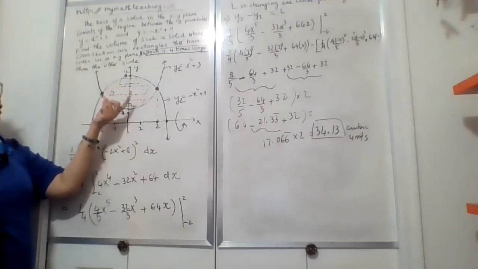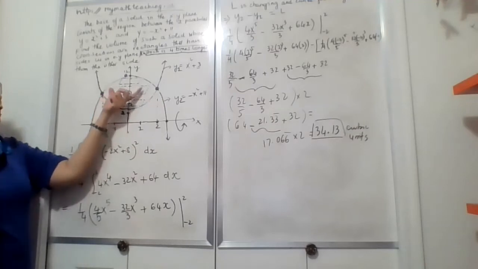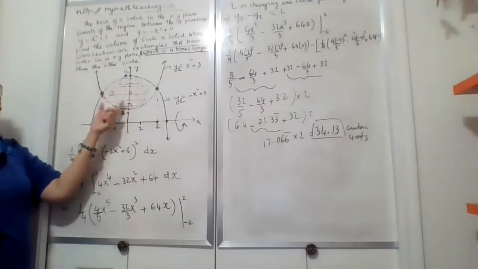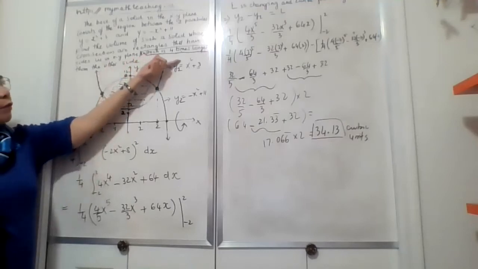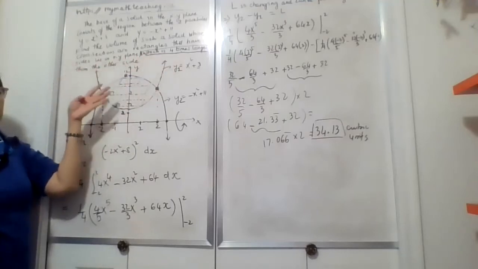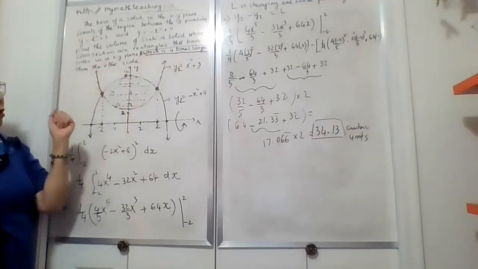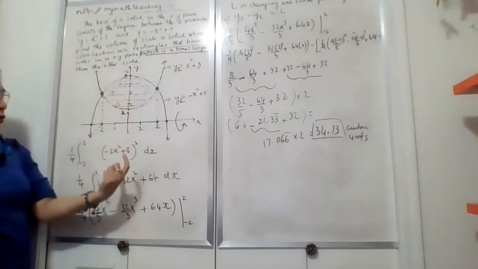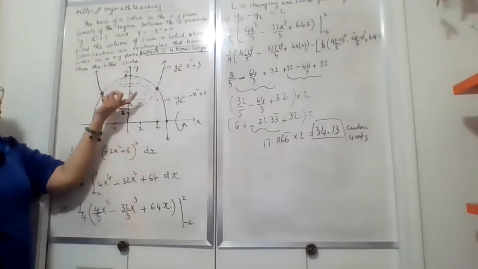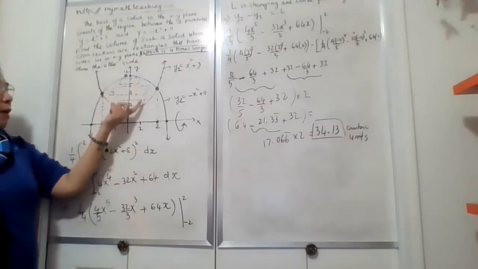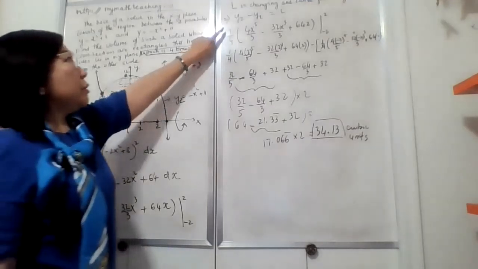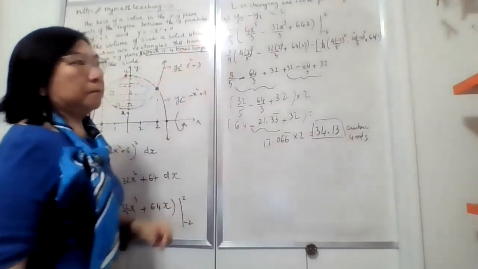So we're talking about the length first, right? And then after that, the question says we can find the width by making it shorter than the length 4 times, so we divide by 4 and we get the width. So we have to find the function that shapes the length of our cross-sectional area by using y2 minus y1.